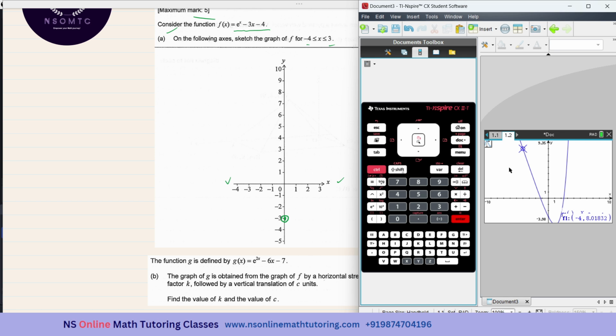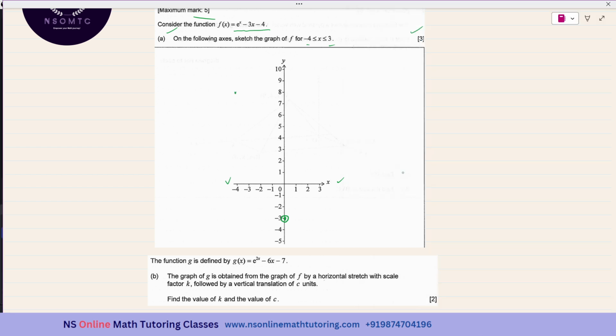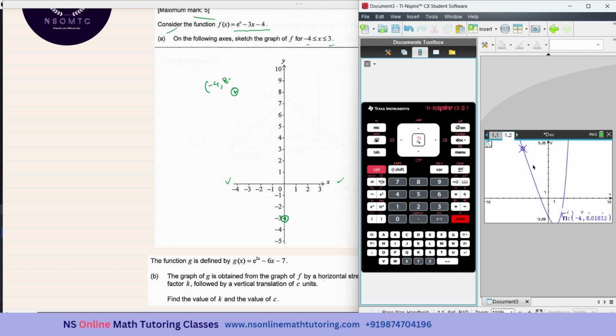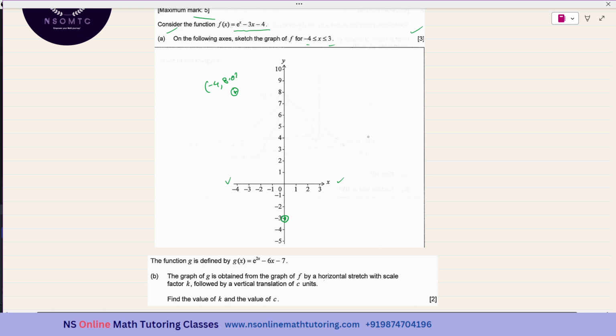So it is negative 4 and 8, most probably over here. I'm just writing this as negative 4 comma 8.01. Up to 3 significant figures, it is 8.02. It is roughly over here.